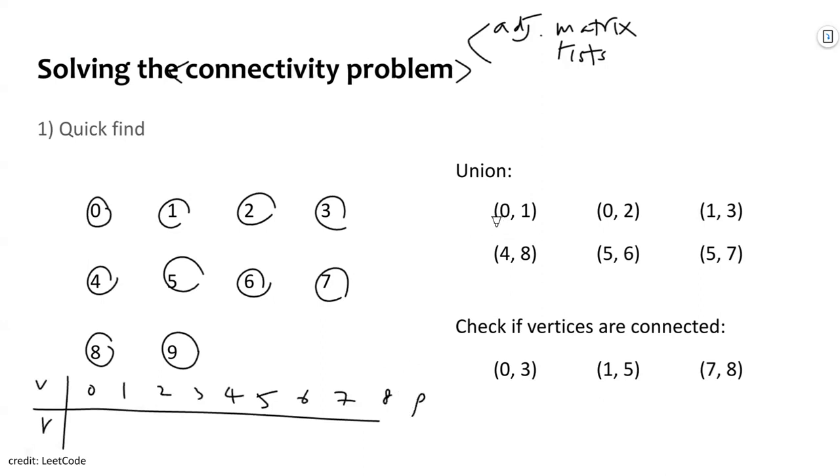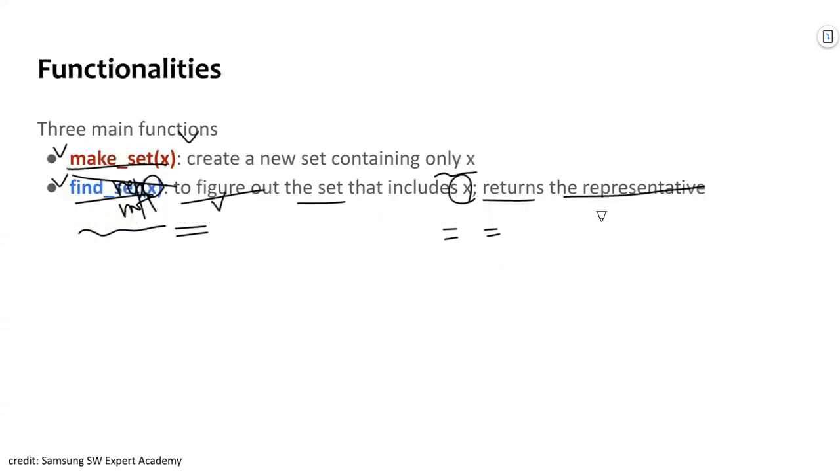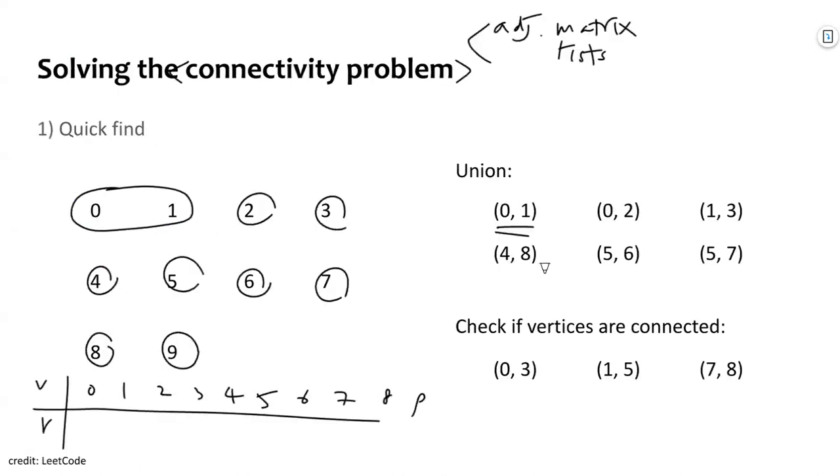And when we call union 0 and 1, we unite 0 and 1 like this, so 0 and 1 are going to be in the same set. And when we call union, this one is the union operation, we unite the set containing 0 and the set containing 2.